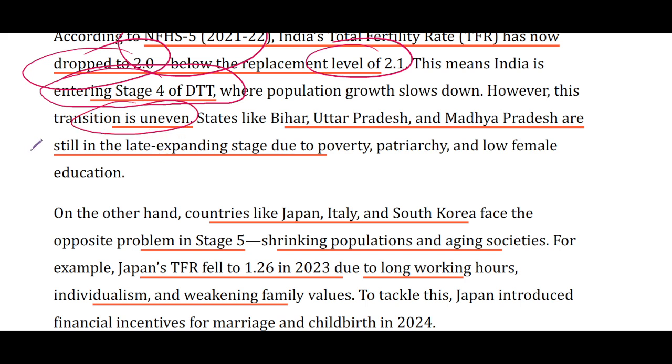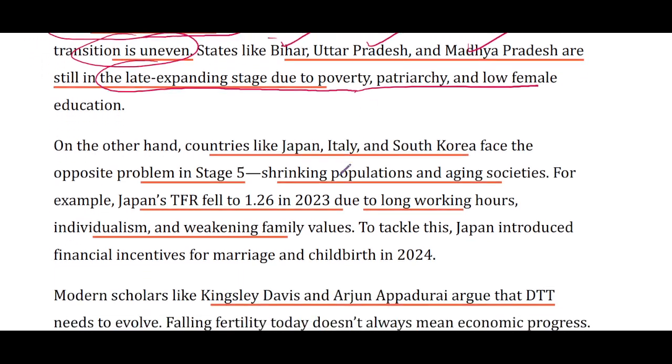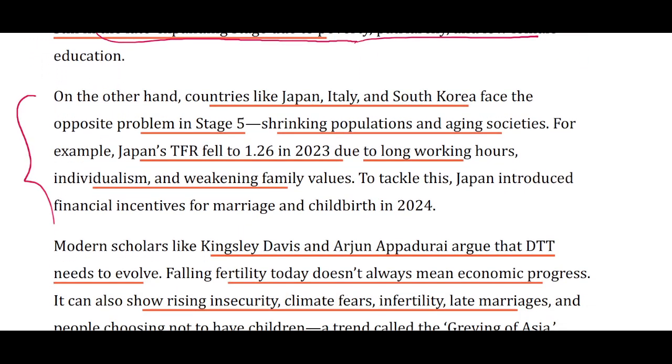But this transition is uneven because many states such as Bihar, Uttar Pradesh, Madhya Pradesh are all still in the late expanding stage due to poverty, patriarchy, and low female education. Now, on the other hand, countries like Japan, Italy, South Korea face problems in stage 5, in that their population is shrinking and they are aging.